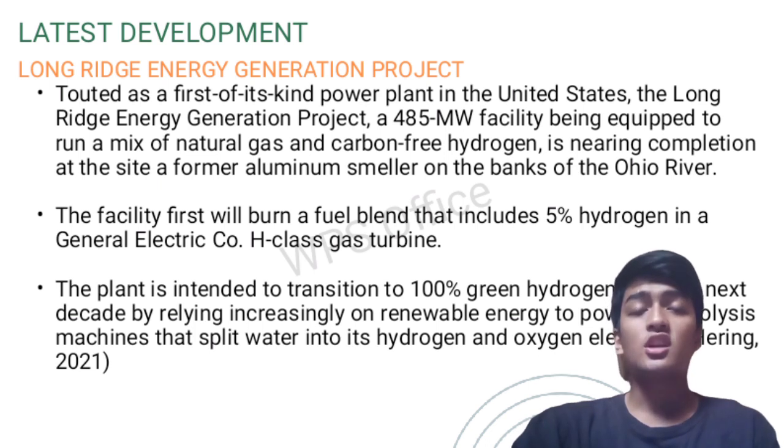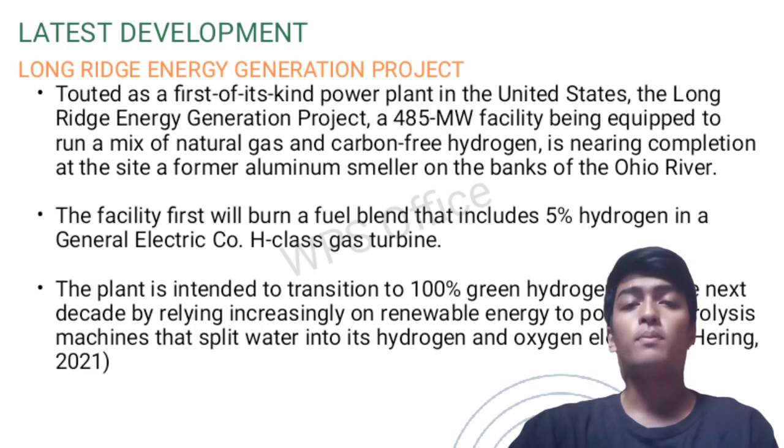Long Ridge Energy Generation Project, touted as a first of its kind power plant in the United States. The Long Ridge Energy Generation Project, a 485 megawatt facility being equipped to run a mix of natural gas and carbon-free hydrogen, is nearing completion at the site of a former aluminum smelter on the banks of the Ohio River.